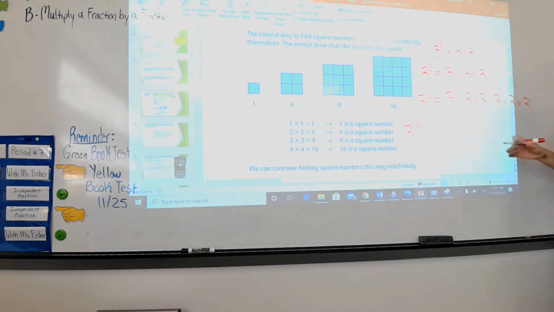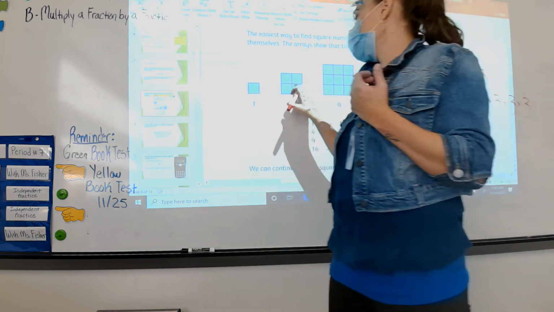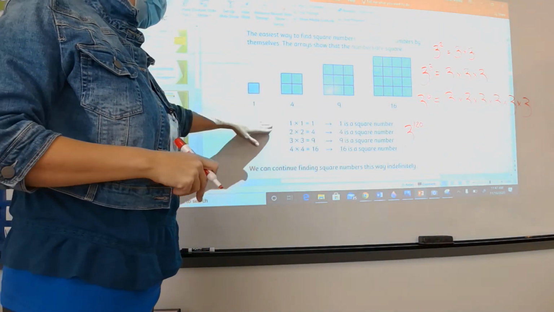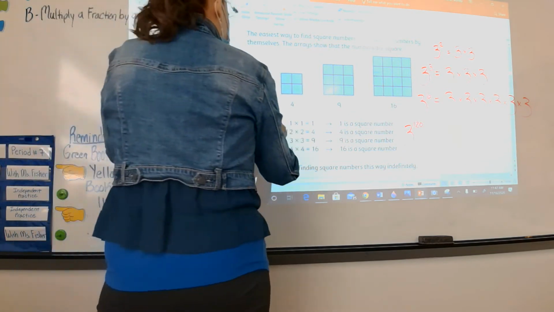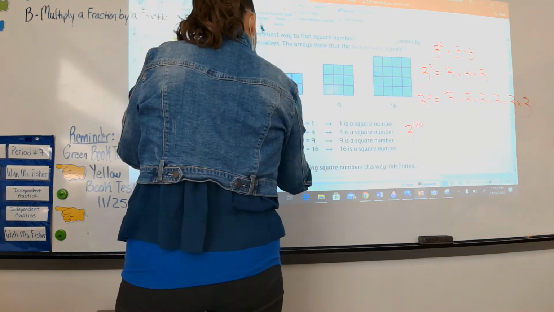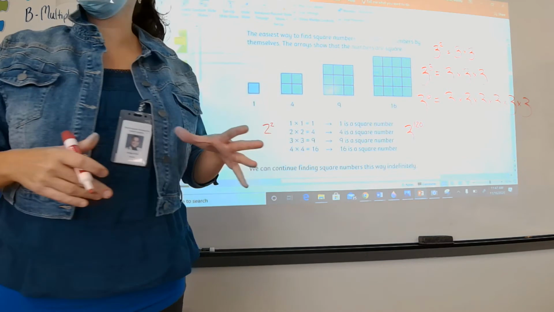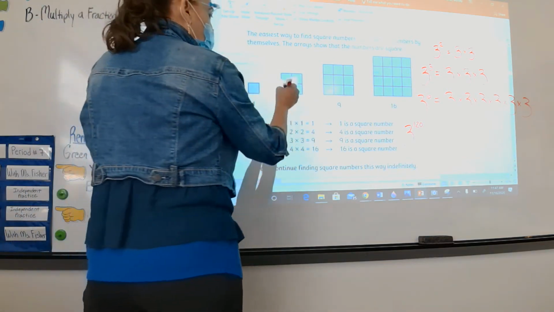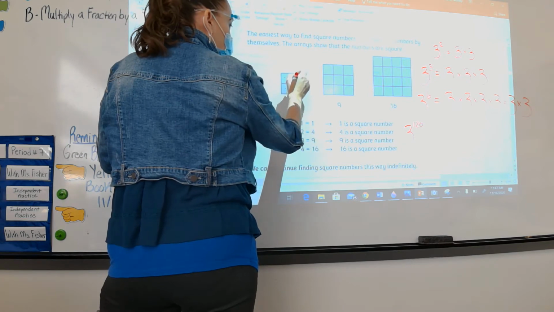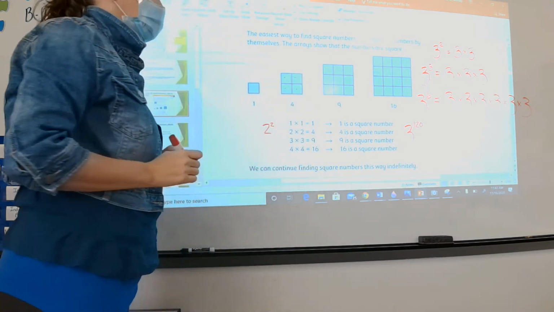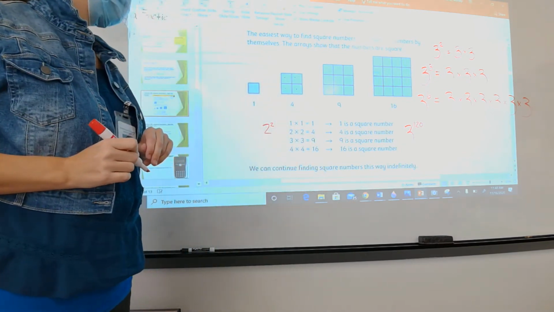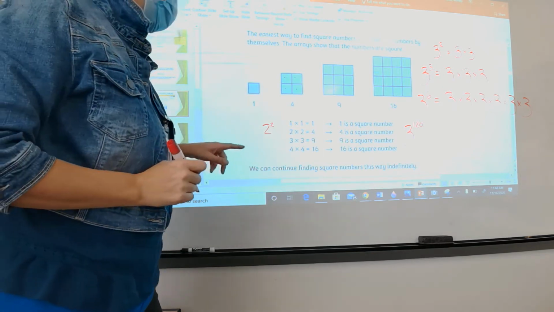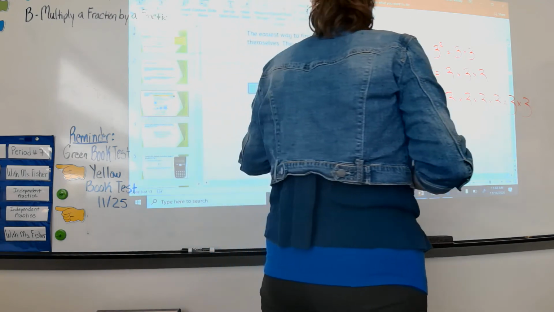So this is a visual representation. If I say 2 squared, it's also considered a 2 by 2, right? So I have 2 by 2. Again, same thing.